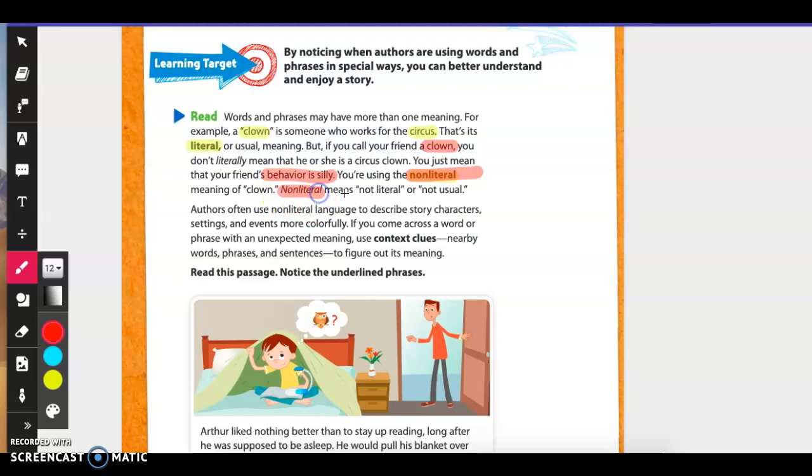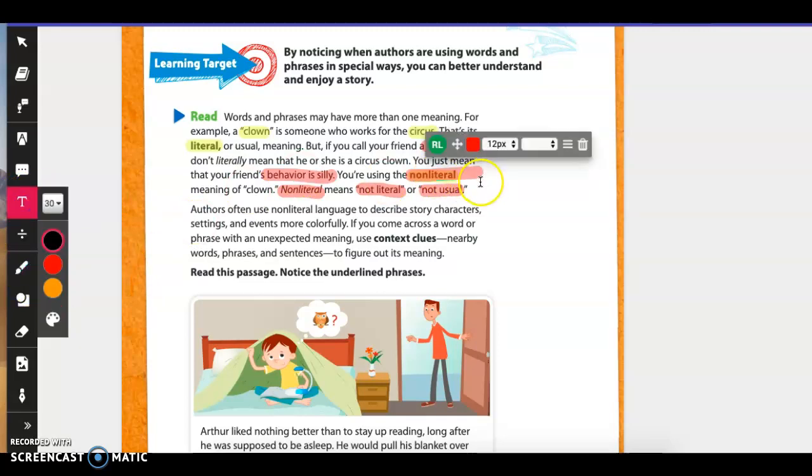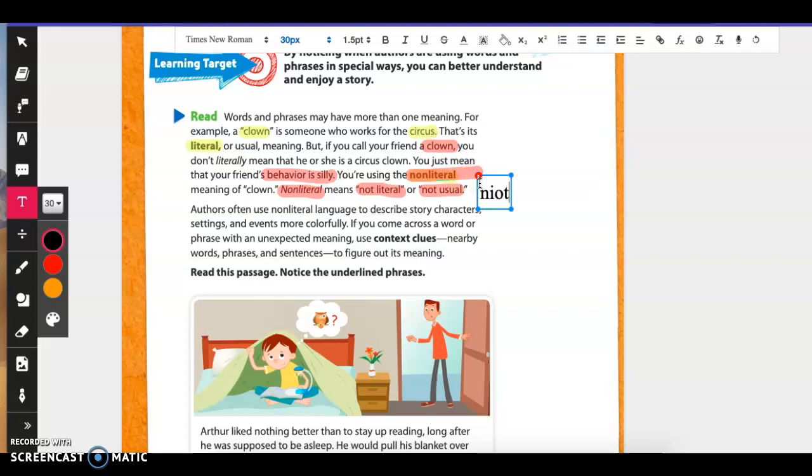Non-literal means not literal, not usual, or another way I like to say it is not really. Not really. You don't really mean that your friend is a clown. You just mean they act silly.